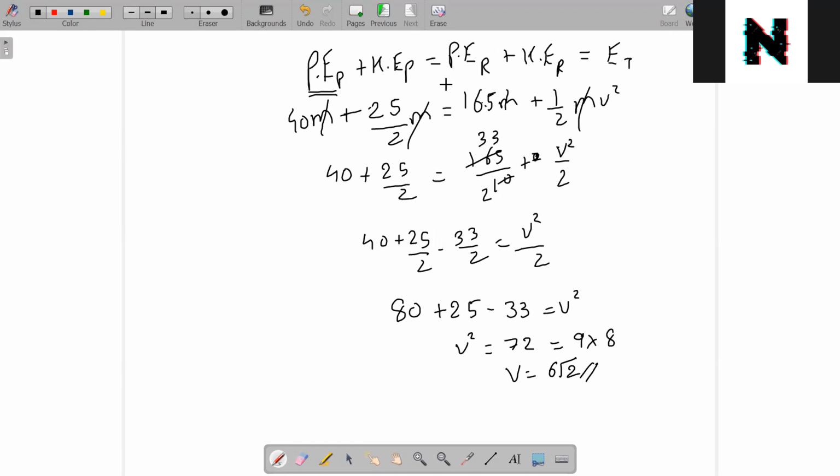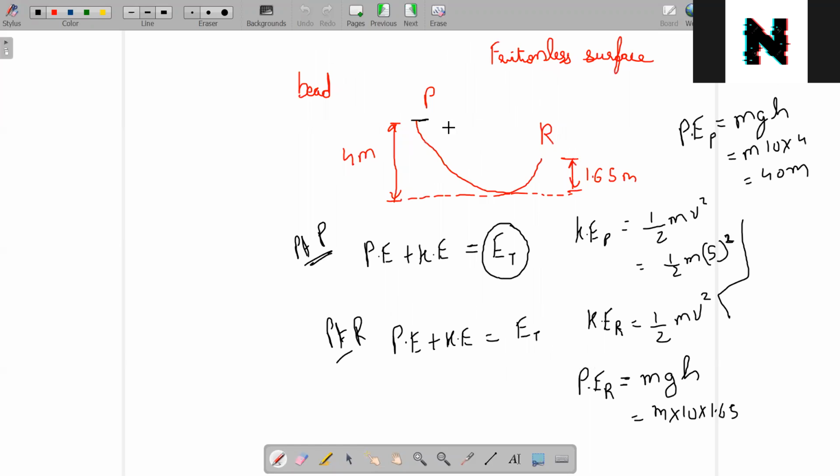You need to remember that at different points, wherever it may be, like here in this diagram, let it be P, Q, R, S, T, whatever the point may be, if no friction or dissipative force is mentioned, like no heat or sound is being produced, the total energy at all these points will remain the same.